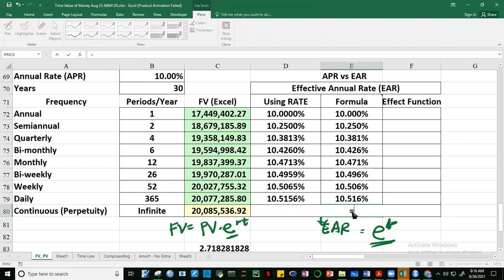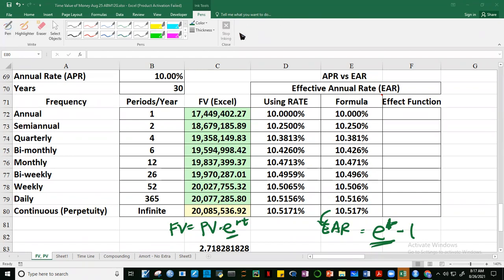So let's do that. Is equal to exponential E to the R. Our R is 10%. Okay, and then sorry, minus 1 pa pala. Minus 1. Okay, so that's E to the R minus 1, or E to the I minus 1.